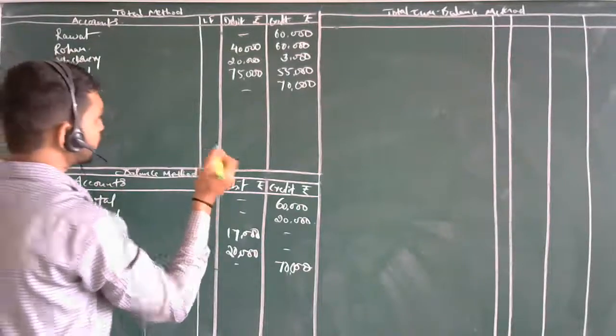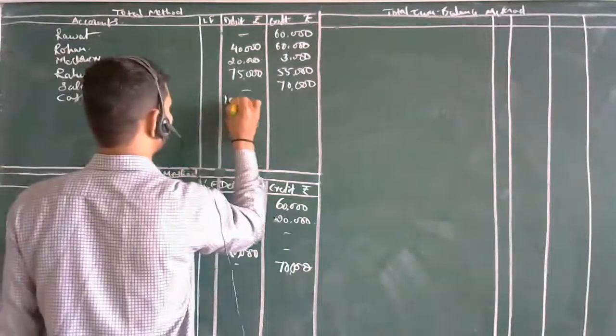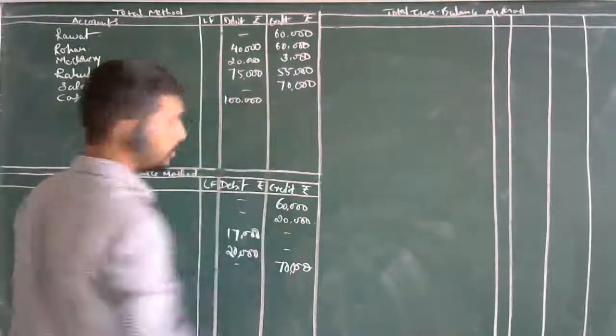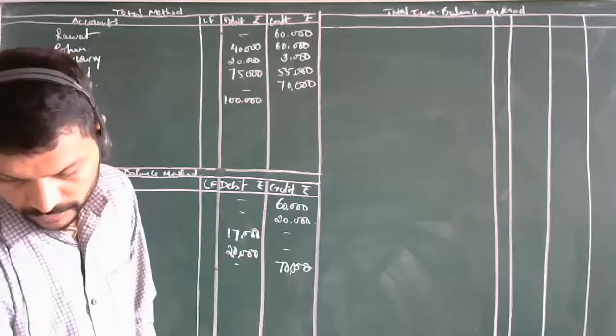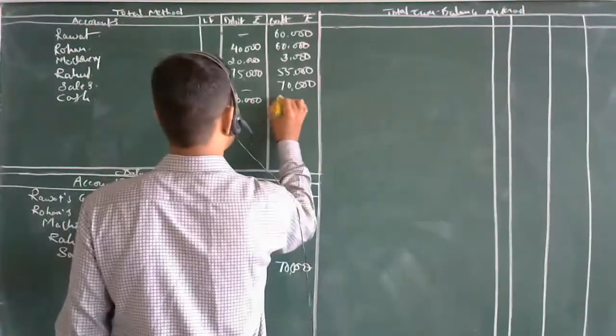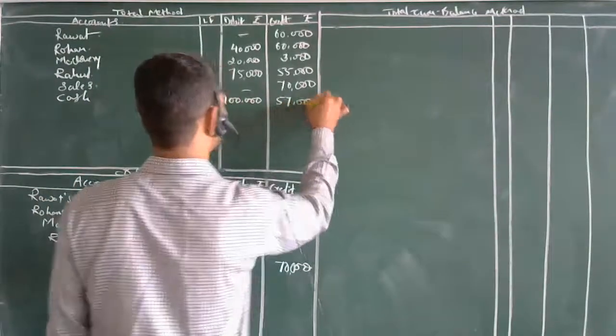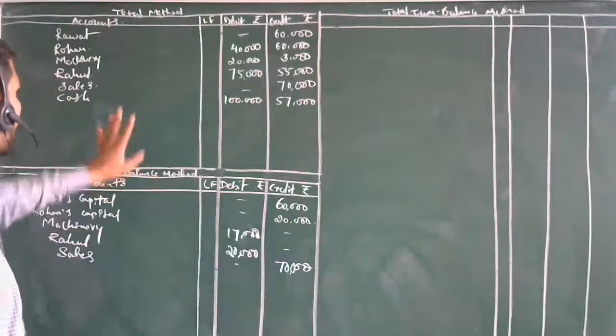Cash is how much over here? 1 lakh. What is the remaining amount now, what we calculated over here? 57,000. This got completed about the total.